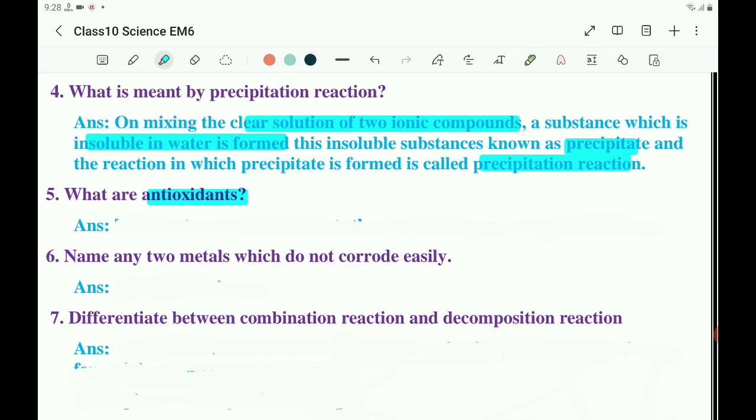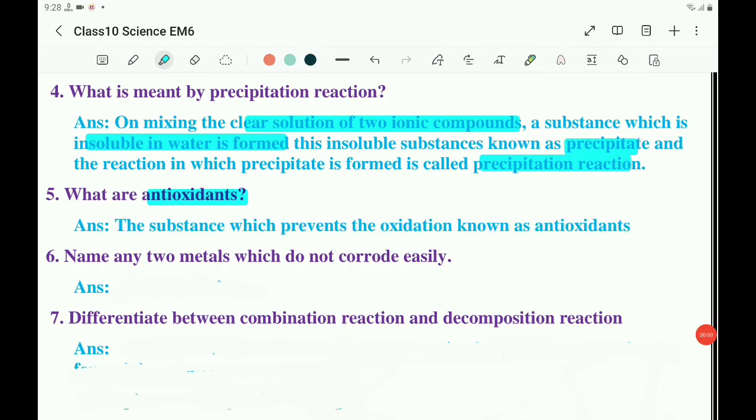So you can write, what are antioxidants? The substance which prevents oxidation is known as an antioxidant.